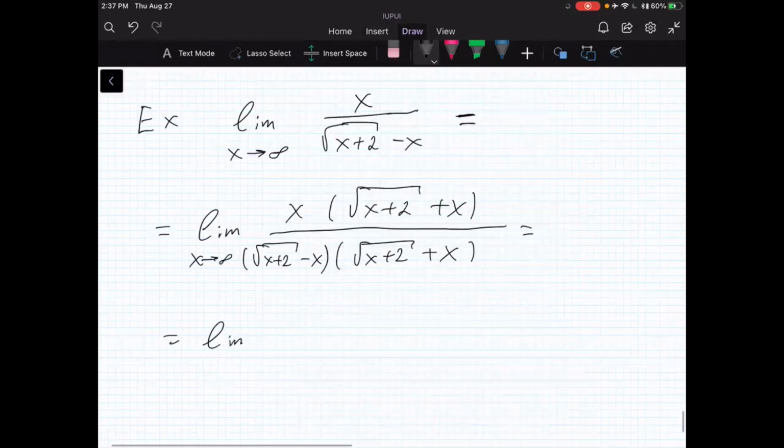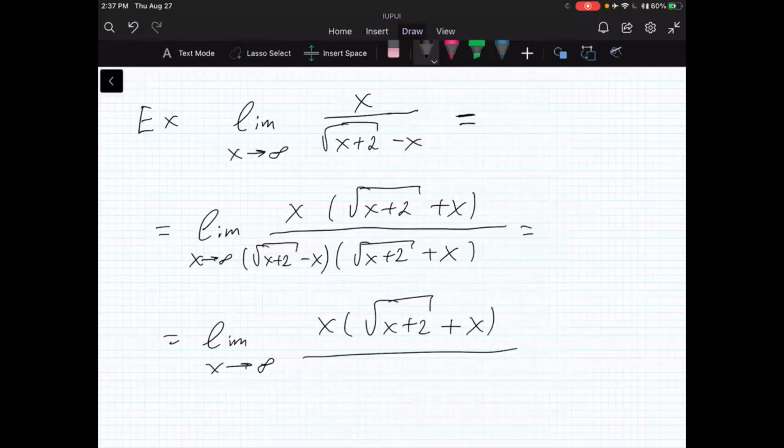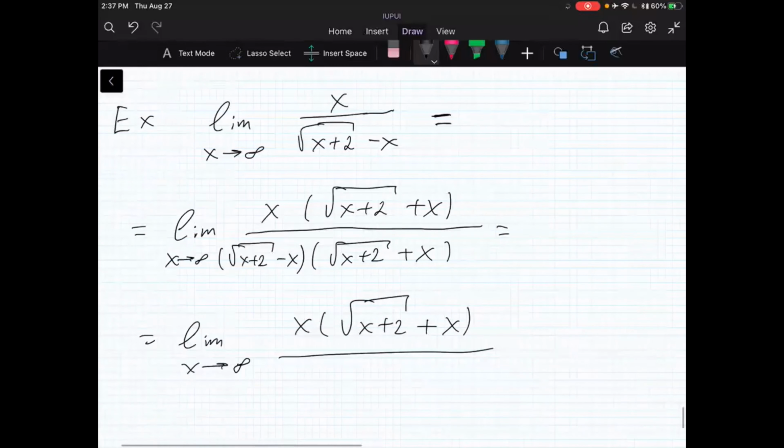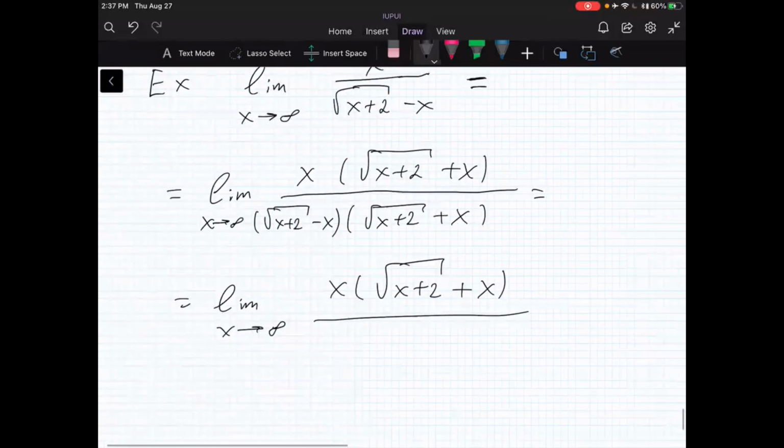And then you get the limit when x goes to infinity of x times the same stuff, x plus 2, let's keep it for a while, divided by, on the bottom, again the difference of squares. First is x plus 2 and minus x squared, right?